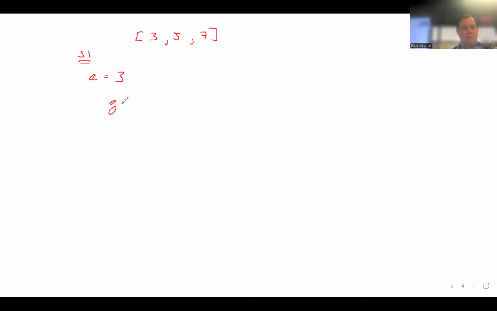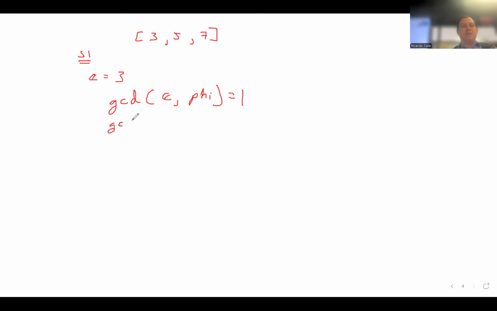So what you do is you ask, is the GCD between my current E and phi equal to 1? So what is it here?